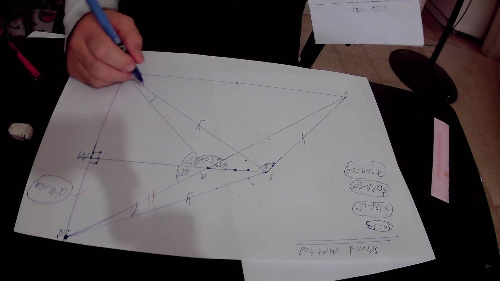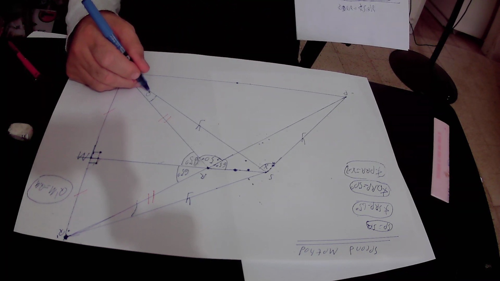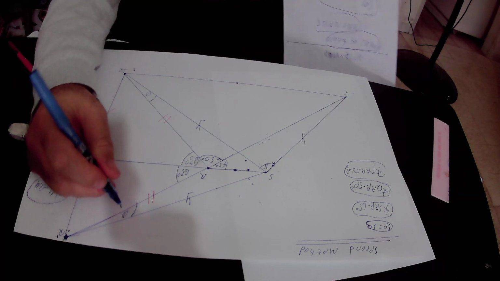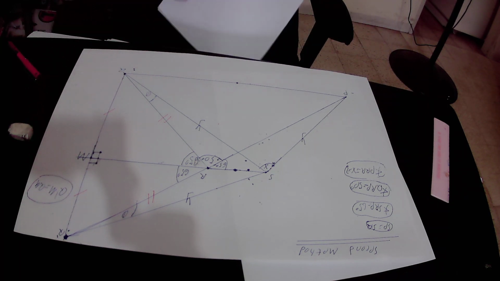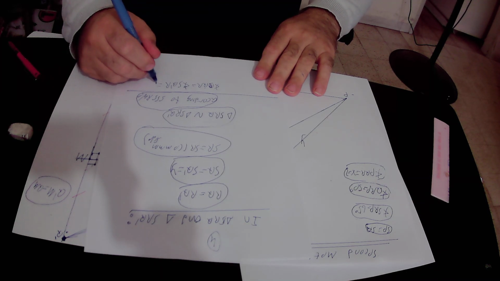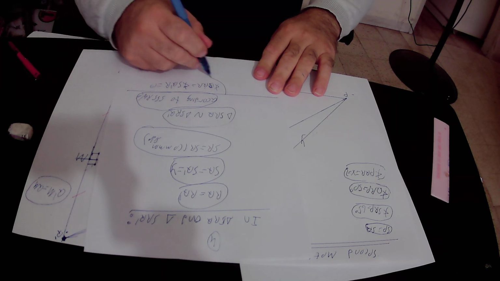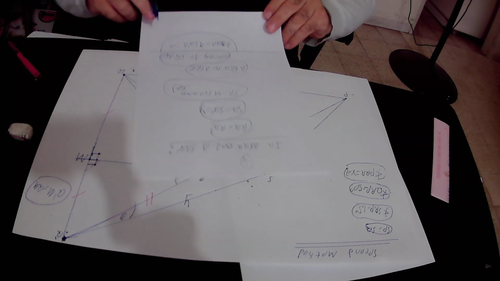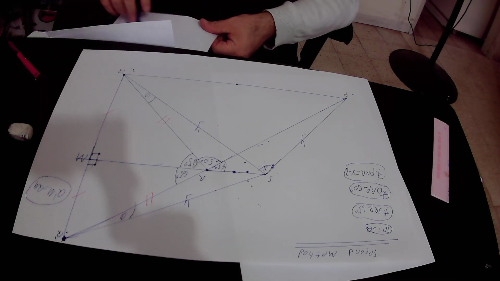And if we define angle SQR as theta, then angle SQ dash R will also be equal to theta because those two angles are equal to each other. So we found out that angle SQR is equal to angle SQ dash R, and both angles are equal to theta.